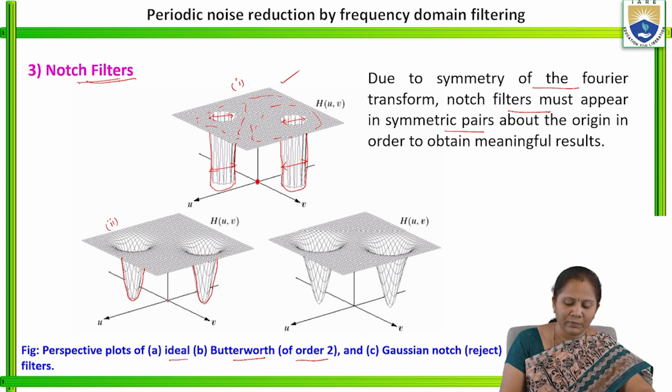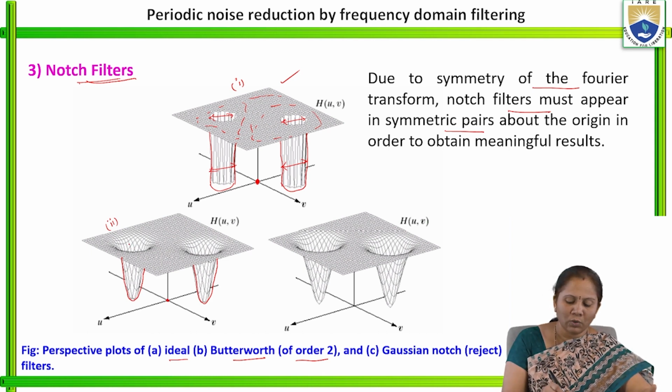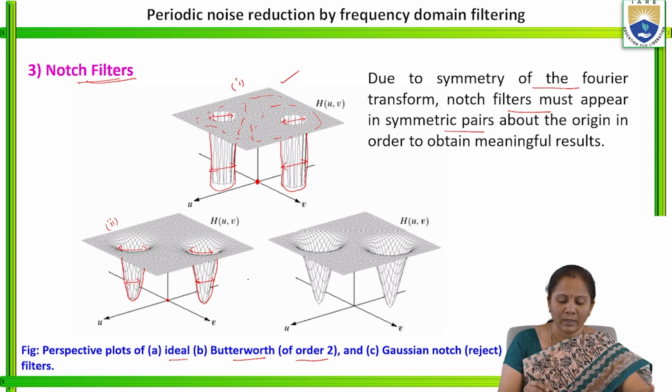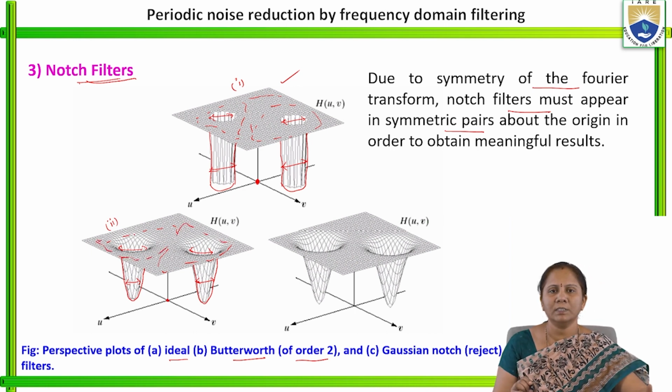Here also the center frequency is considered. The remaining transitions, if you see, are symmetric. These are the frequencies that will be rejected, whereas the surrounding frequencies will be passed.